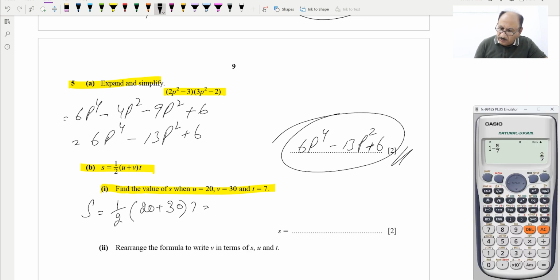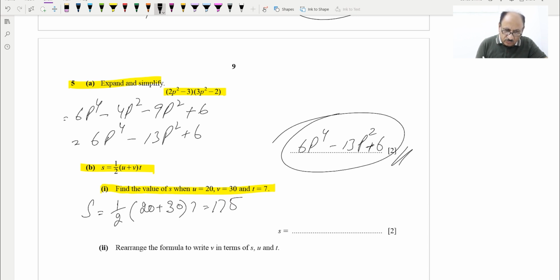This will be 0.5 into 20, and we can put brackets over here so that it gives us the correct answer. Multiply by 7 is equal to 175. So 175 will be our S value for 2 marks.